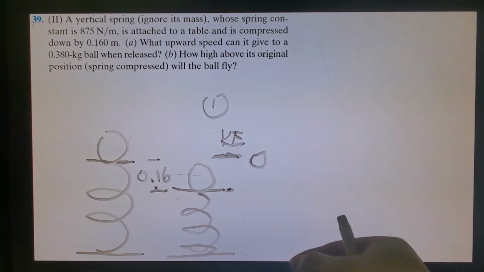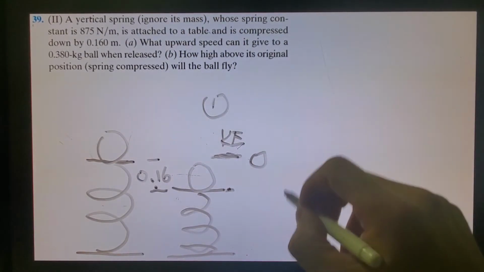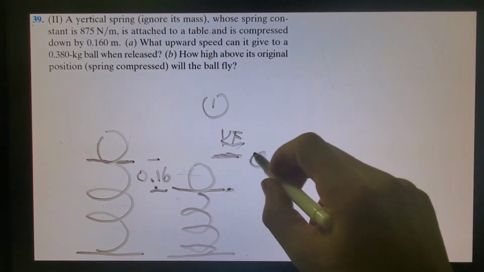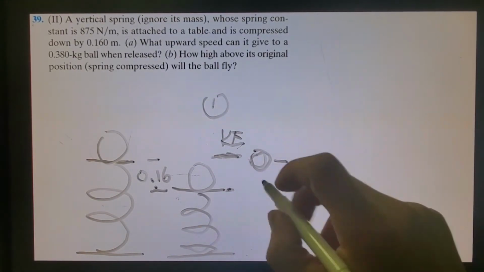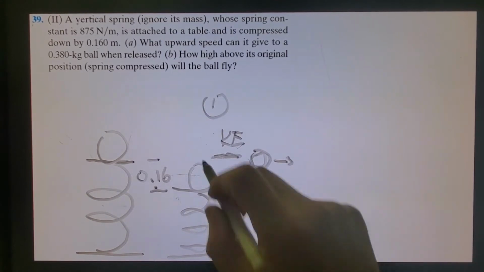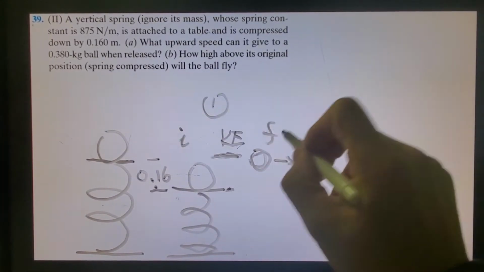Situation number 2 is when you release the ball and it moves up. So this is my initial, this is my final.